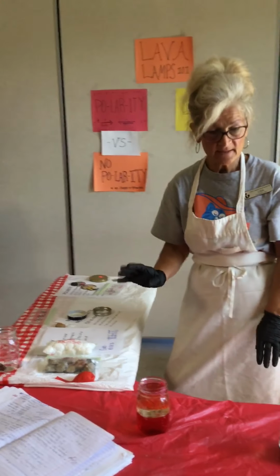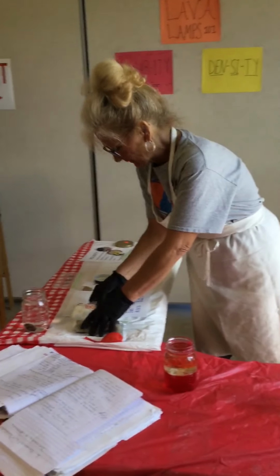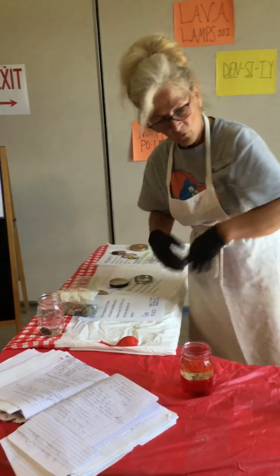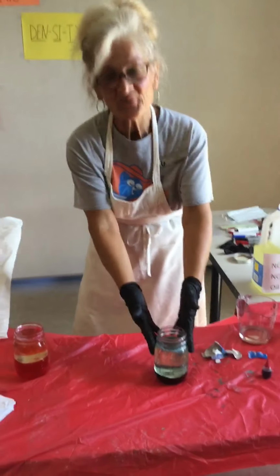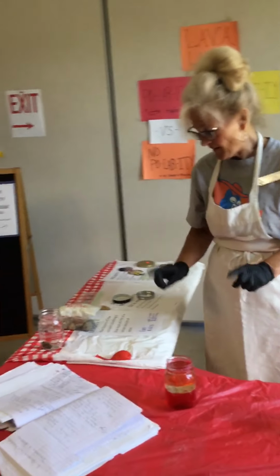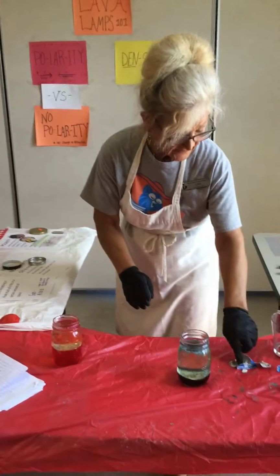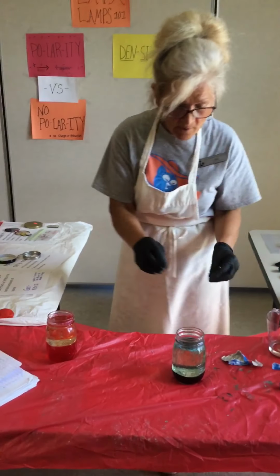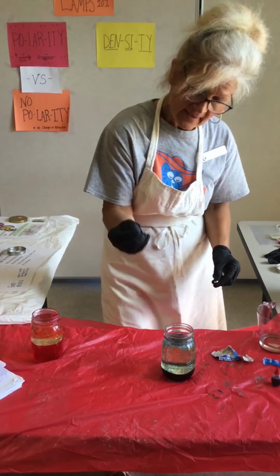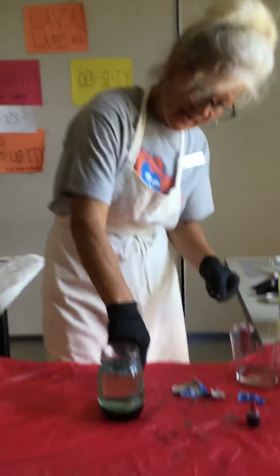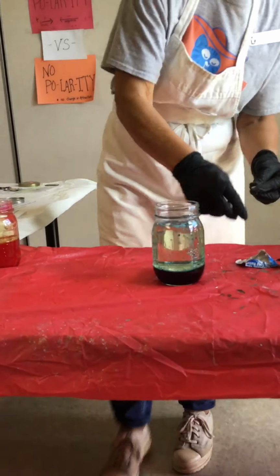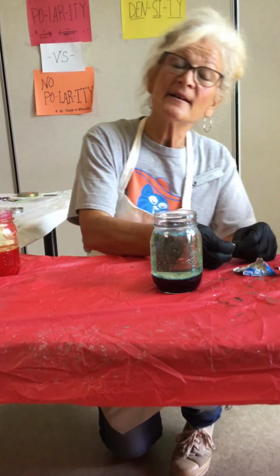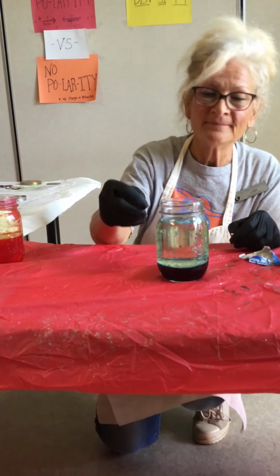So, keeping that in mind, that's why the water went to the bottom, and that's why the water and the oil didn't mix. Now, let's look at what motorized our boat, or what motorized our lava lamp. Well, we put the Alka-Seltzer in here, okay? And when we did this, these little particles react with the water, and they create what we call a carbon dioxide gas bubble.